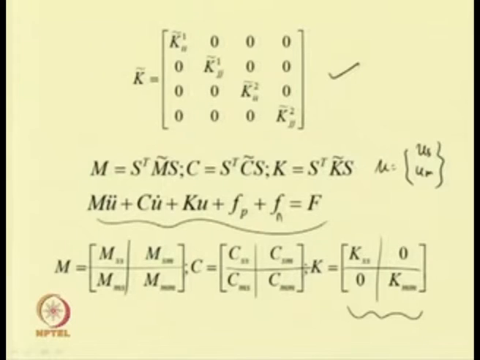Slave degrees of freedom consist of only the included modes of substructure 1, and the master degrees of freedom consist of the boundary degrees of freedom and the physical degrees of freedom of substructure 2. The mass matrix MSS and KSS will be diagonal because they are represented in the natural modes. So MSS and KSS are diagonal, as they represent the natural modes.